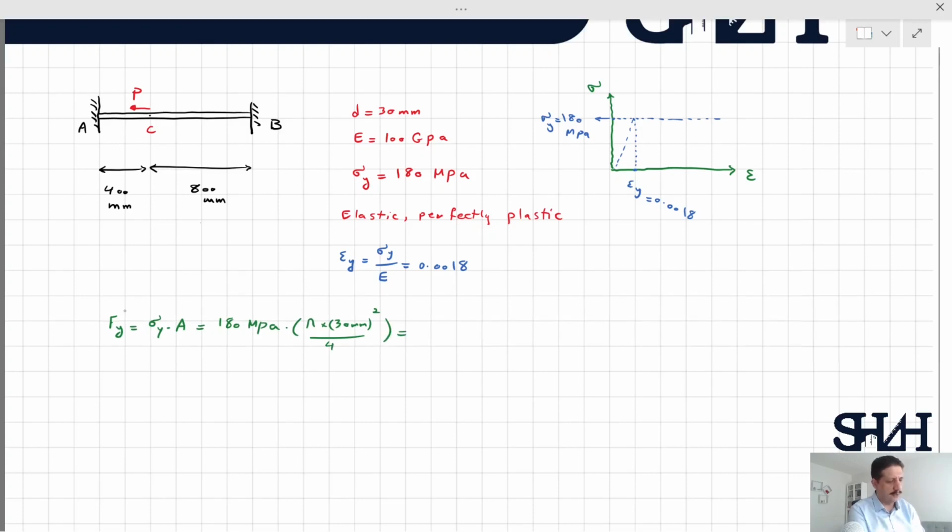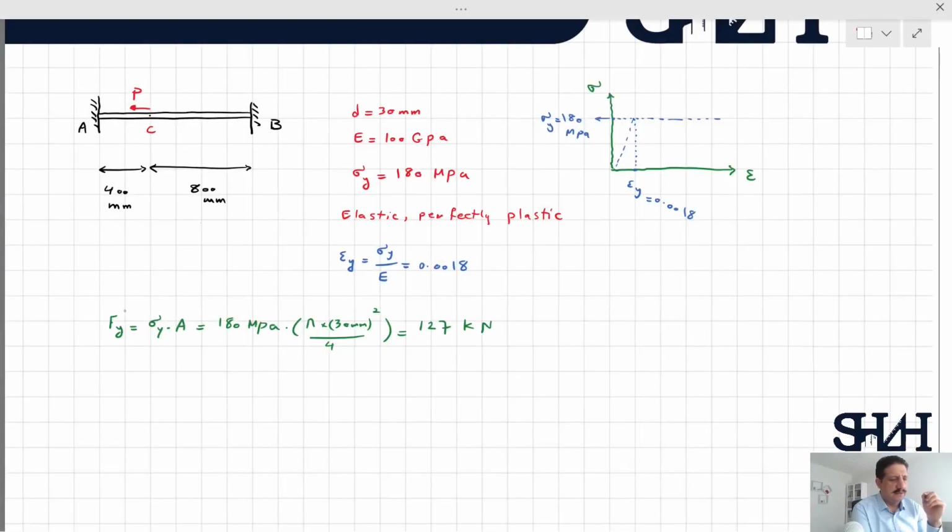So it will be 127 kilonewton. So it means that AC or CB can resist 127 kilonewton. In this example, we ignore the buckling effect, which in this case, for example, element AC will be under compression. The length is quite small, so buckling might not be the dominant criterion here.